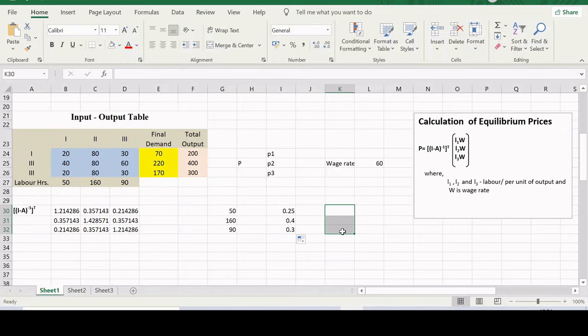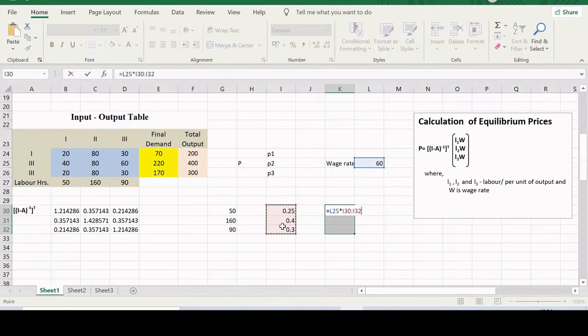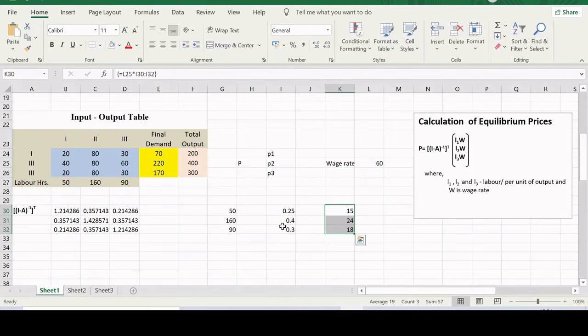So I have selected the range for a 3 by 1 order matrix. The scalar is 60, and this is to be multiplied with this matrix which is L1, L2 and L3. Now to get the result, Control Shift and Enter. So we got 15, 24 and 18. This is the labor cost per unit of output.